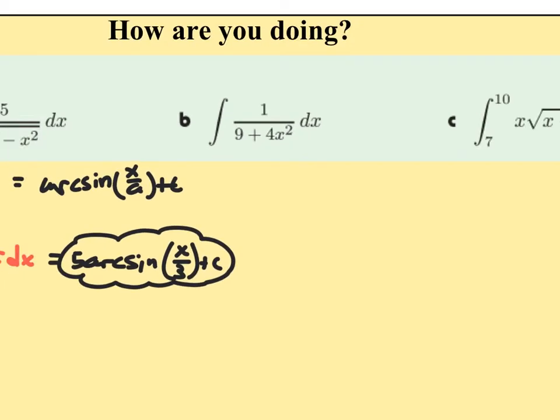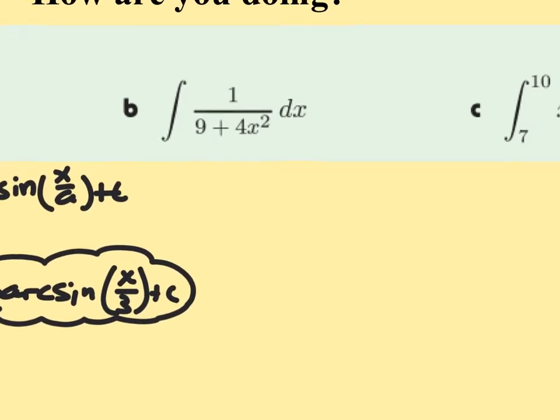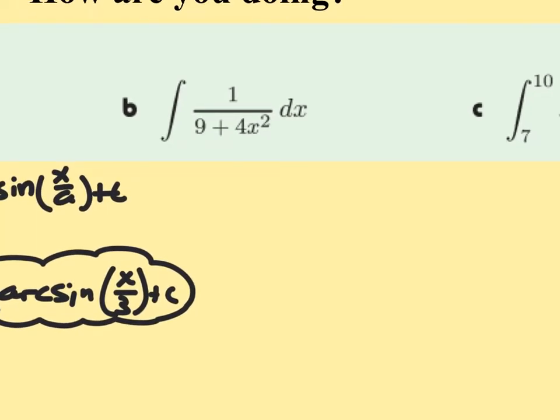Okay, I'm seeing an arc tangent here in the second part. Let me get rid of some of this. Give myself some space.